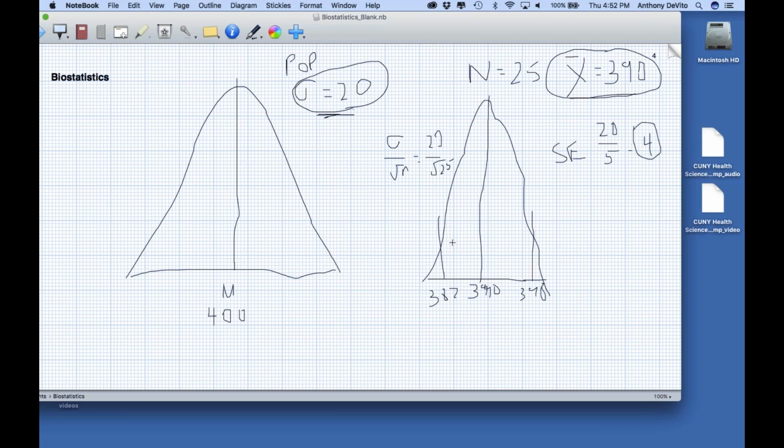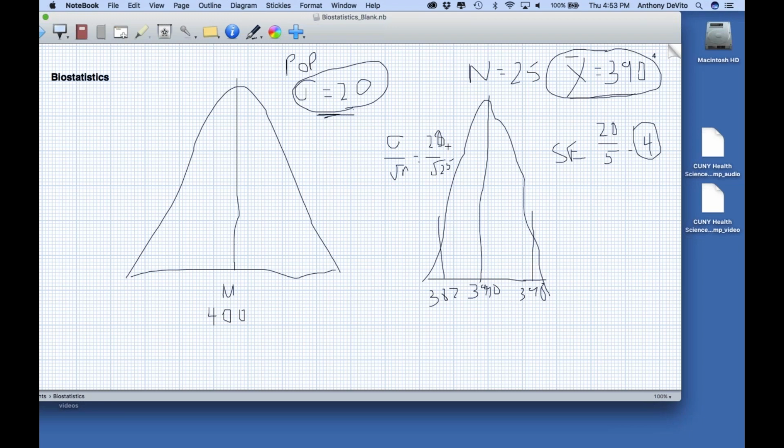The standard error formula is sigma over the square root of n. Well, sigma is 20.